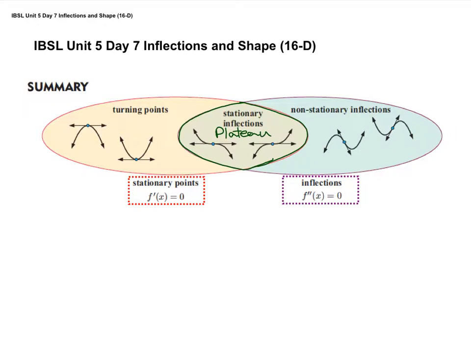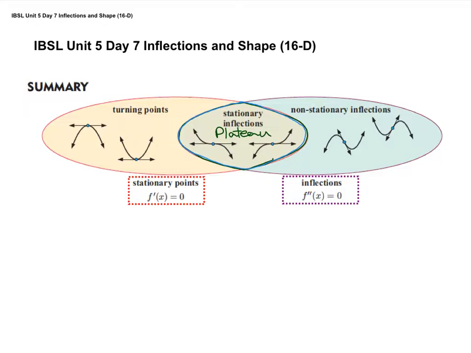Then we had the ones at a critical value where we're changing concavity. So that's where we get those plateau points. This intersection illustrates what I mentioned in our lesson yesterday: all plateau points will be points of inflection, but not all points of inflection will be plateau points. I thought this little Venn diagram helped illustrate that point, and I just wanted to reiterate it.